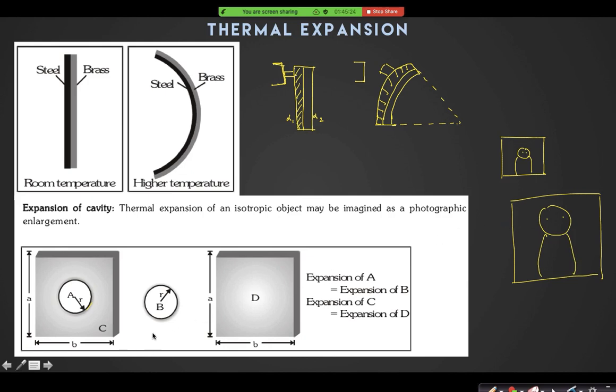In a similar way, thermal expansion is photographic enlargement. That means if you take two points here and here, after the temperature rise these two points will also be farther apart, so the distance between any two points will increase.